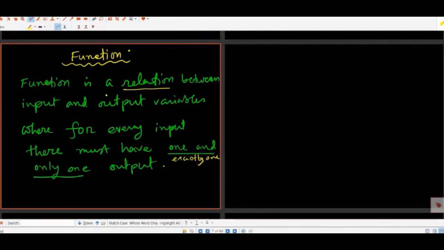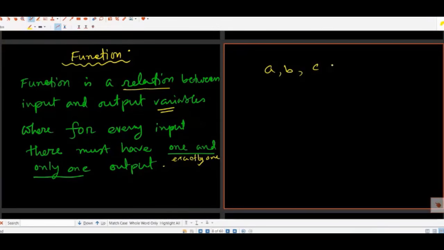So relation between input and output variables. So variables are the letters A, B, C up to X, Y, Z. That means all the 26 letters can be treated as variables, which vary over time.